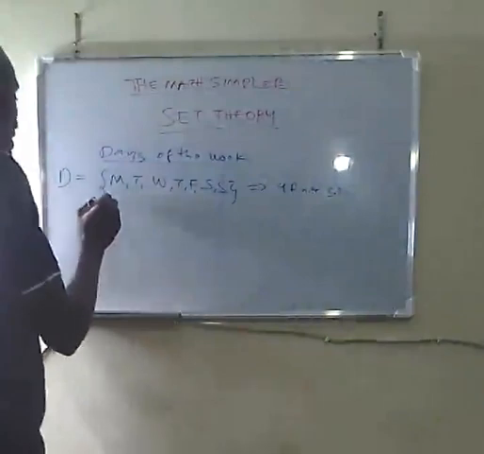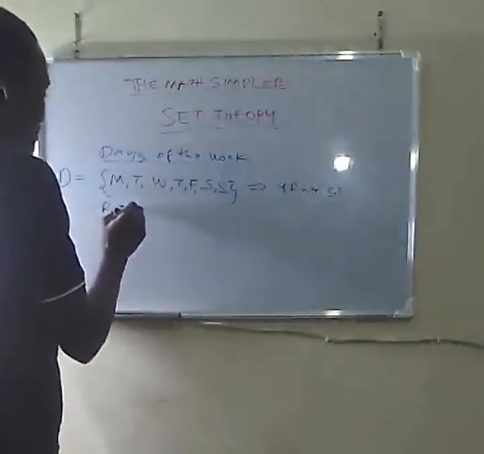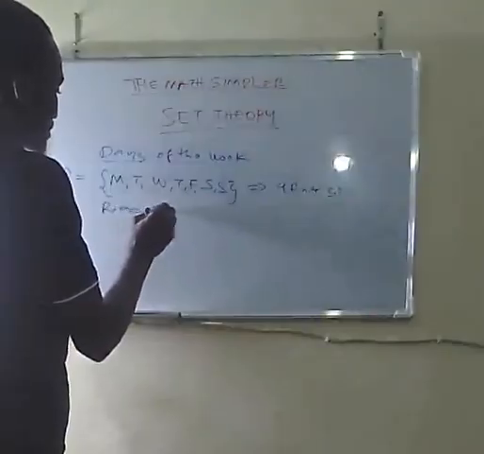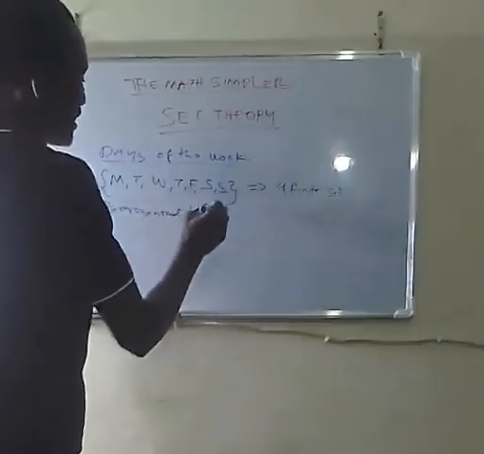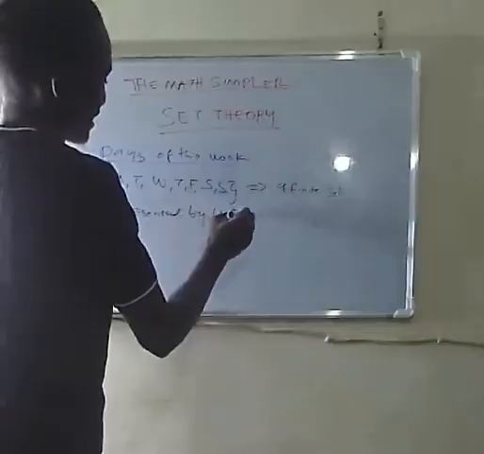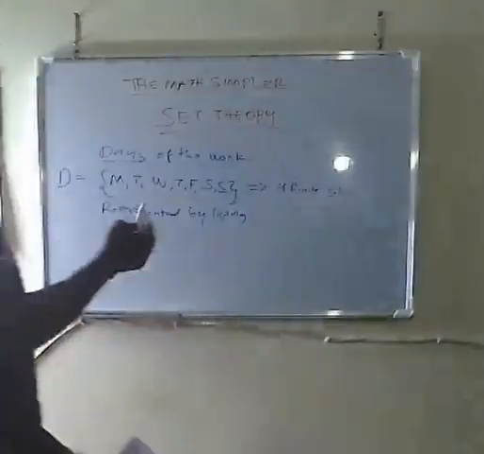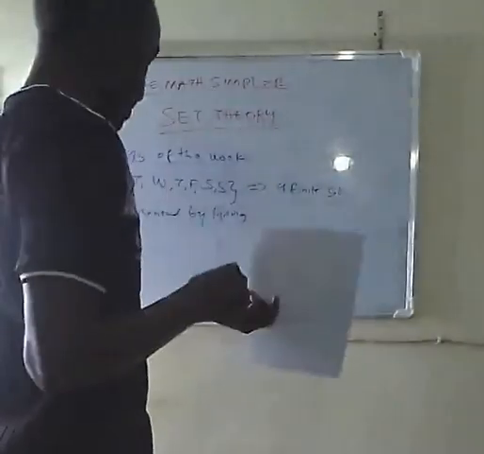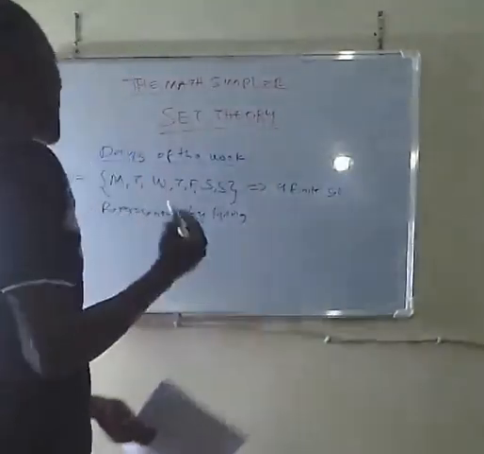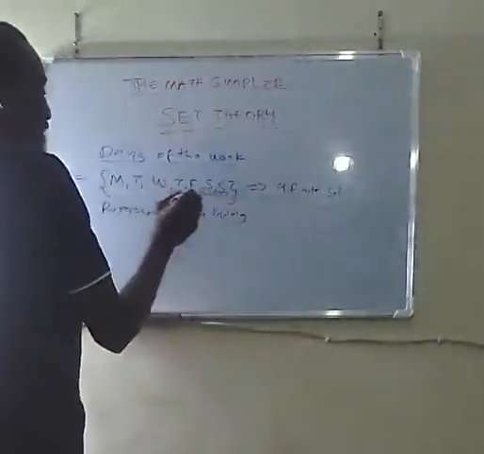The property that this set is sharing is that all of these elements represent the days of the week. That's the property, so this qualifies to be a set.